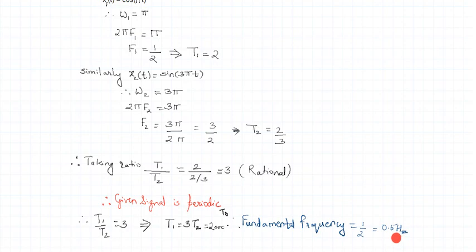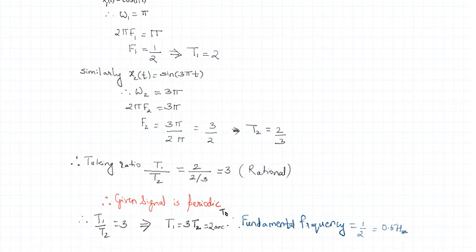For signals involving more than two components, the procedure is to find T1, T2, and if there is one more component, suppose T3, find T3. What you are expected to do next is take the ratio of T1 by T2, and if there is one more, T3, take the ratio of T1 by T3. The ratios must be rational.